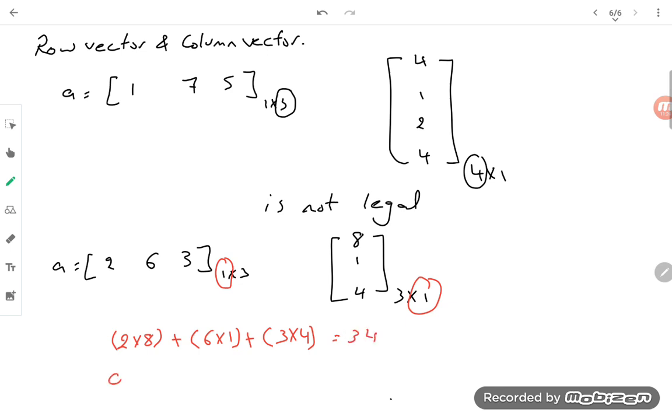So the multiplication of A and B together will be 34. So once again, if A is 1 multiplied by M and B is N multiplied by 1, so the result will be 1. Sorry.